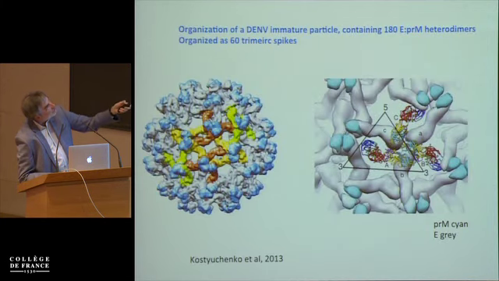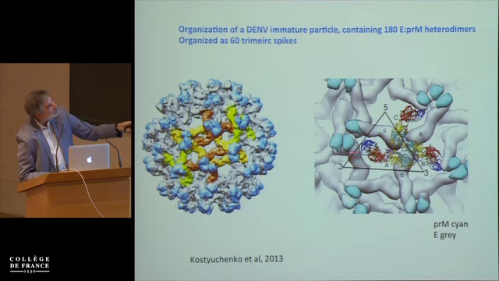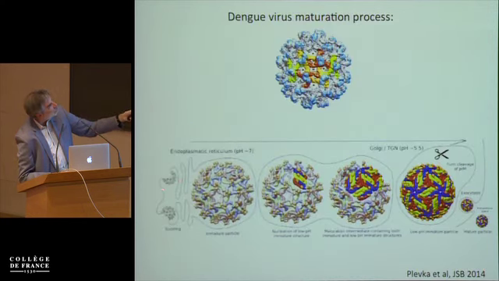The organization of the immature particle is very different, as I said. Here we are focusing on one trimer, in which the PR part is on top, the fusion loop is right underneath, and these trimers are organized like that. This is what I just explained: when you are at neutral pH in the ER, you have this organization here.